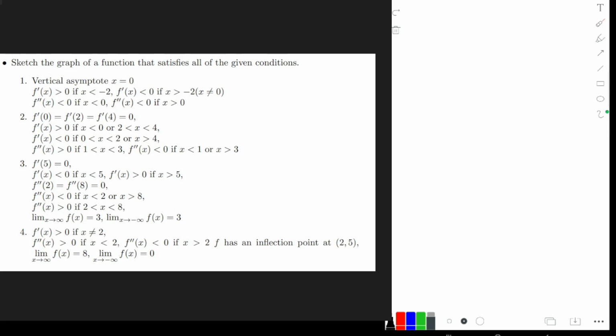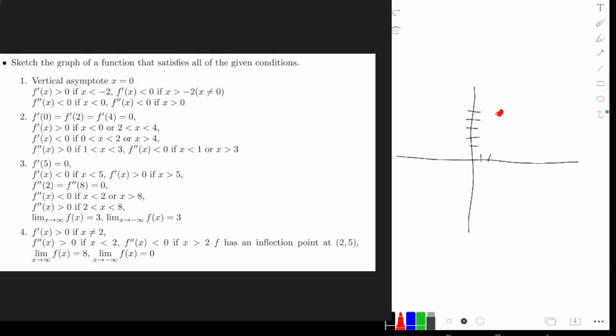And we're told that we have an inflection point at (2, 5). So we are indeed being given a specific point on the graph. Right? We're being told that that is on the graph.